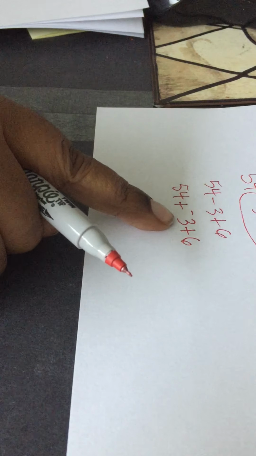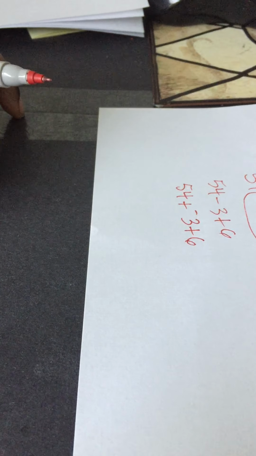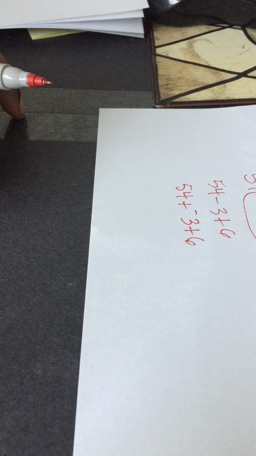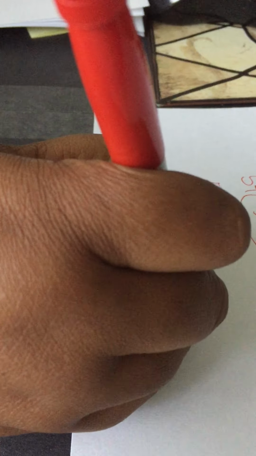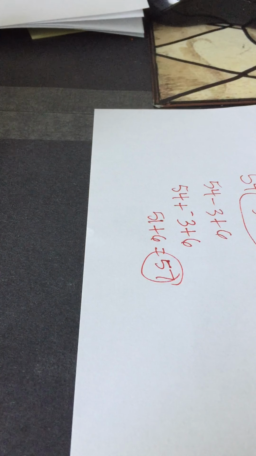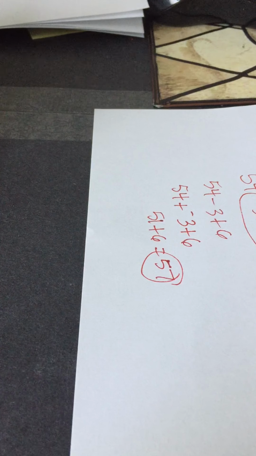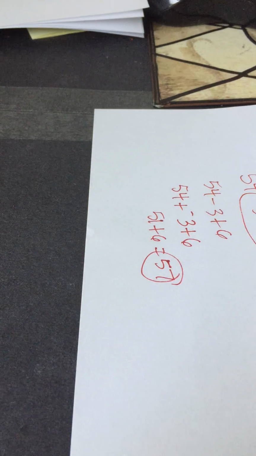So that would be this right here, and then you would have the 6. So that would be 51 plus 6, and you would still get the answer, which is 57. Okay? But always, always, always solve your problems from left to right. Thank you.